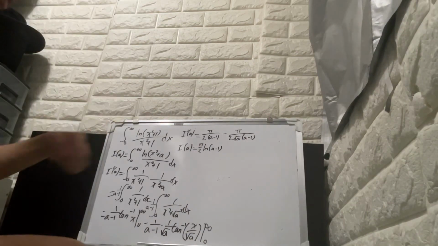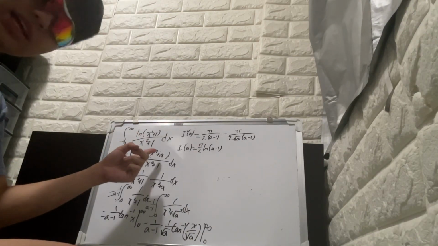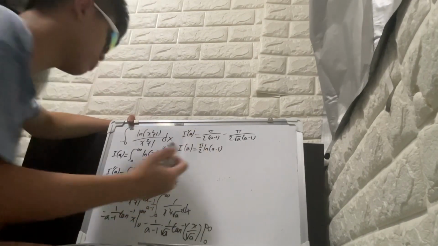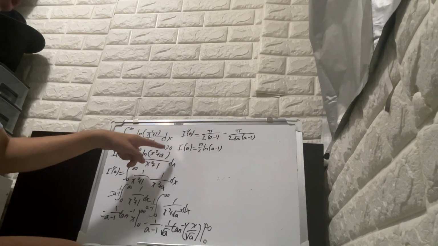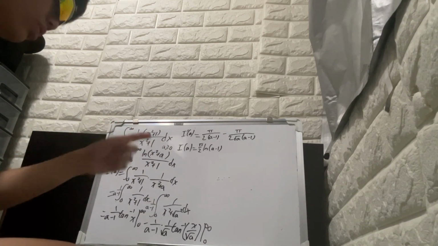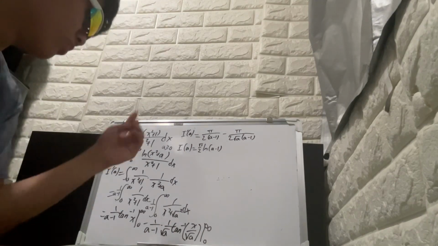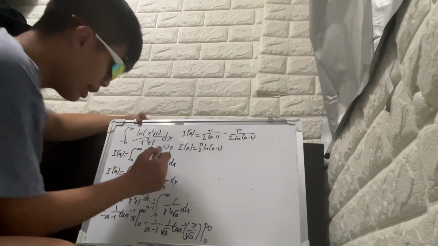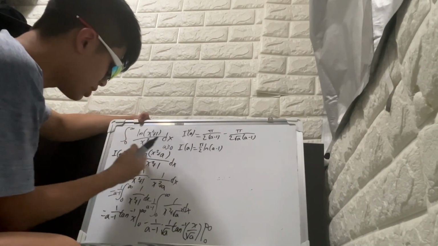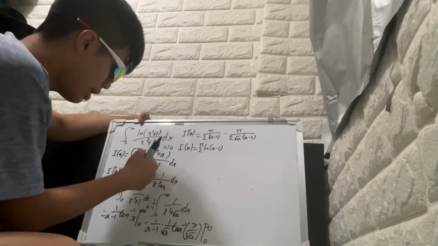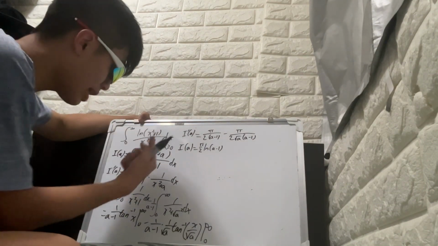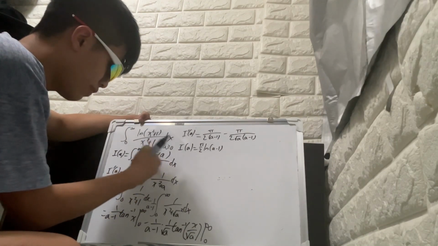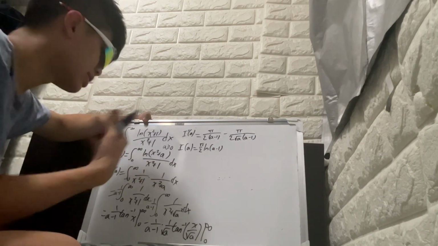And here's the deal. Because a is here, make sure a should be greater than or equal to 0. Even at 0, if a is 0, it's also going to converge. Don't worry. If you let I of a be the integral of x squared plus 1 over x squared plus a, make sure a needs to be greater than 0, because the integral of x squared plus 1 over x squared going from 0 to infinity diverges.